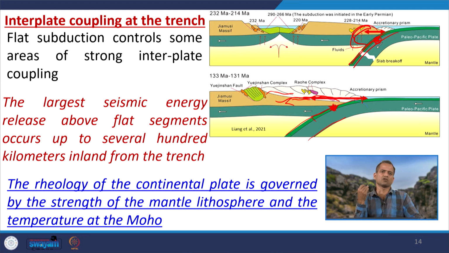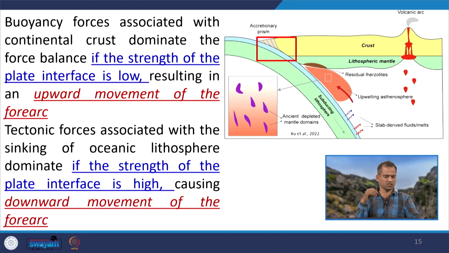The lower crust and upper crust temperature, the degree of coupling, and the strength of the region separating the mantle and the crust define the strength of the continental lithosphere taking part in orogenesis. Buoyancy forces associated with the continental crust dominate the forearc balance if the strength of the plate interface is low, resulting in the upward movement of the forearc.